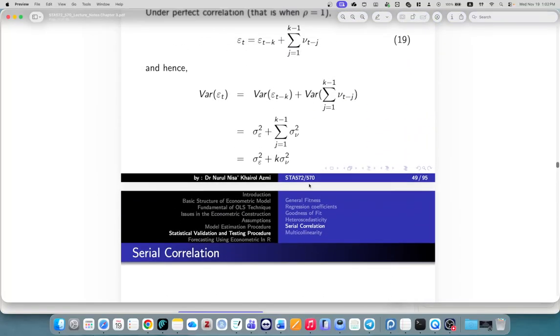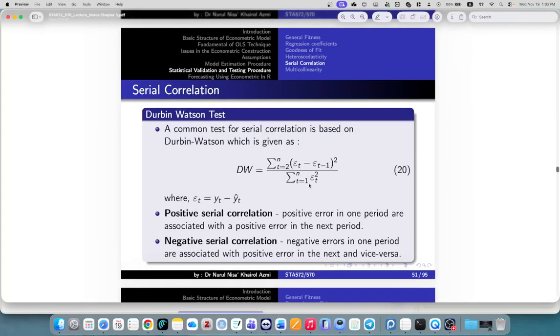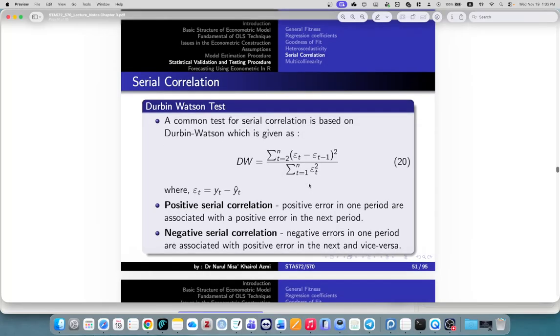So that's the difference between positive and negative serial correlation, and we can investigate serial correlation based on the Durbin-Watson test. When you perform the test, it gives us a value, and we can determine whether there is a positive or negative serial correlation.